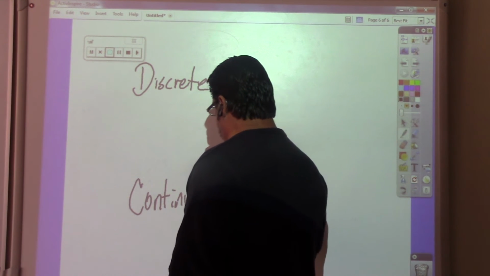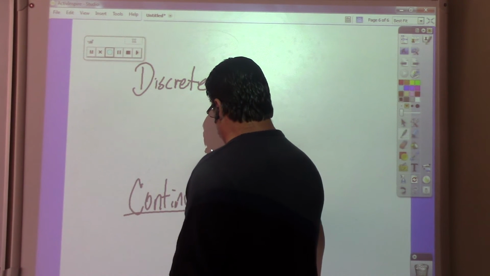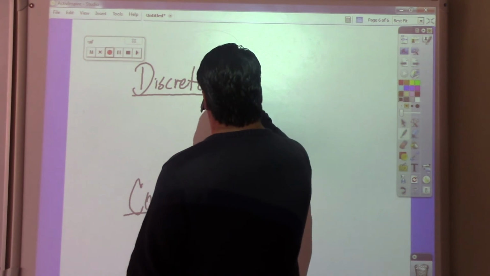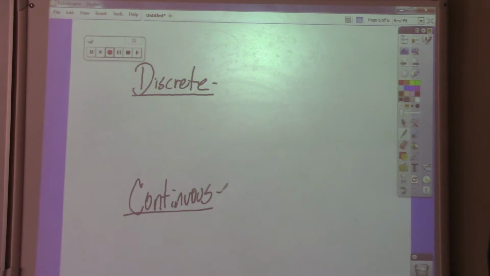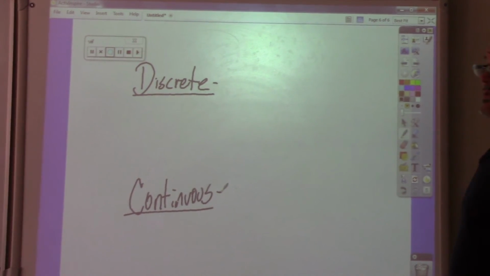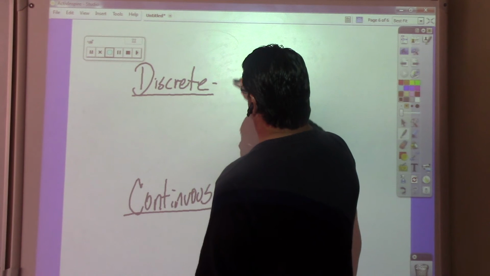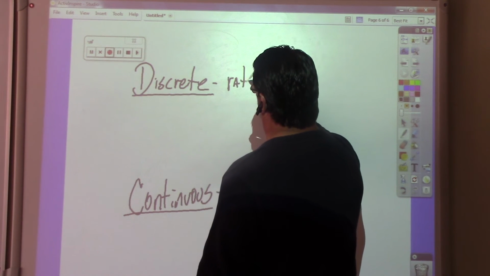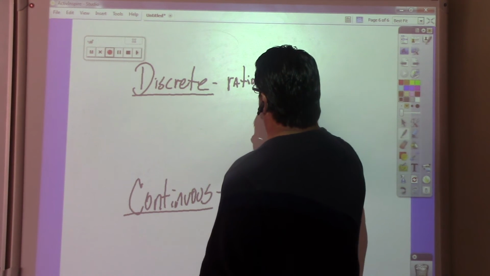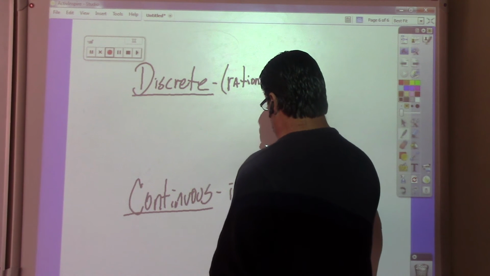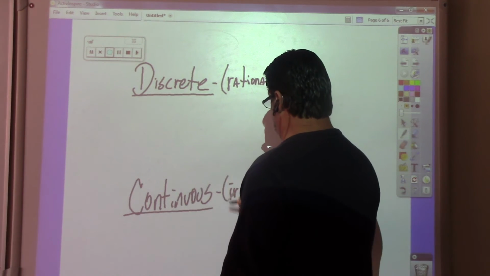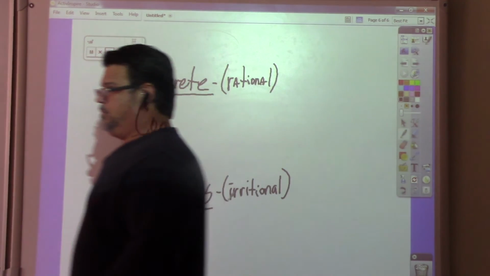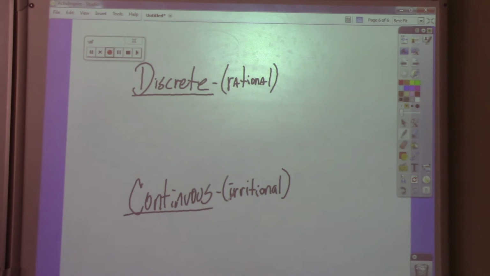Now I have a very special way of showing y'all the difference between discrete and continuous data. And it goes back to your elementary school days of rational and irrational. So those of you that have a calculator or a calculator app on your phone, go ahead and get it out.